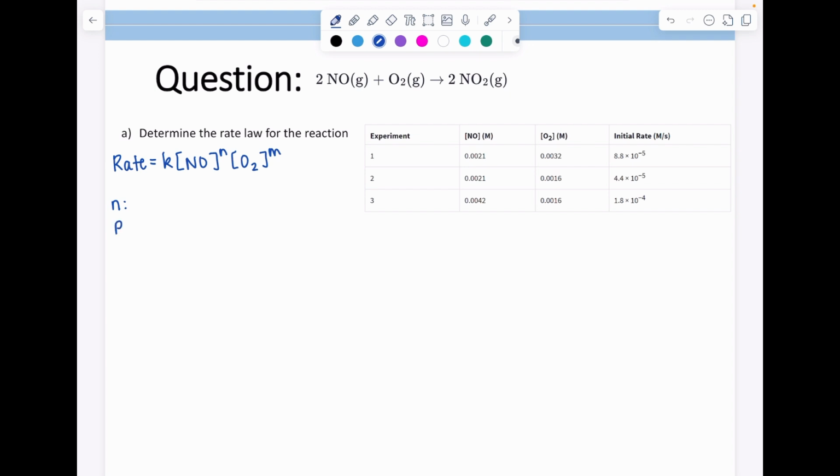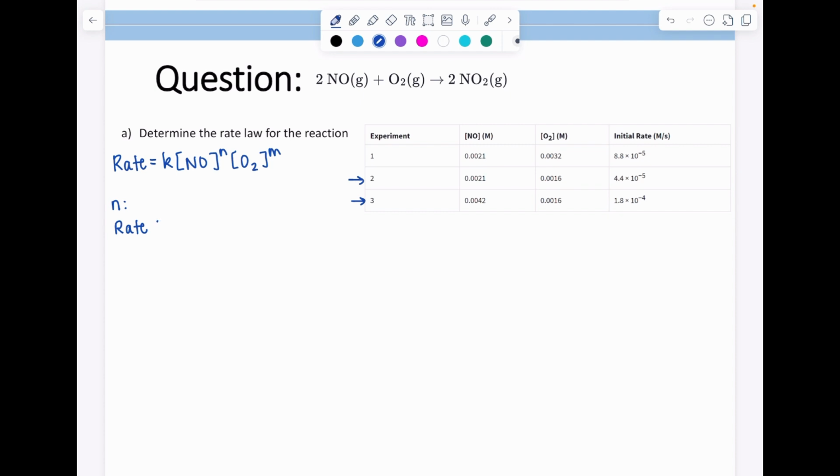So we will take experiments 2 and 3. We see here that the concentration of nitrogen monoxide increases, but the concentration of O2 stays the same. So any change in the initial rate is only because of the concentration of NO change.